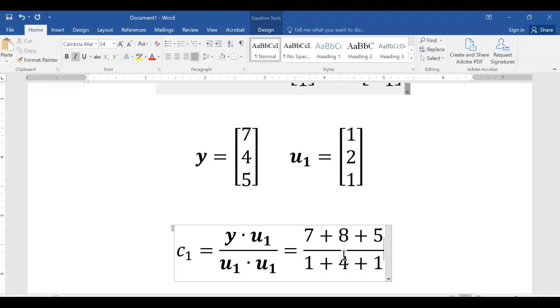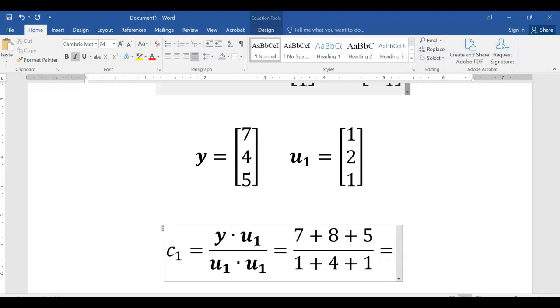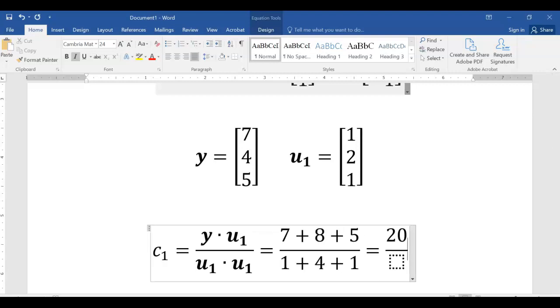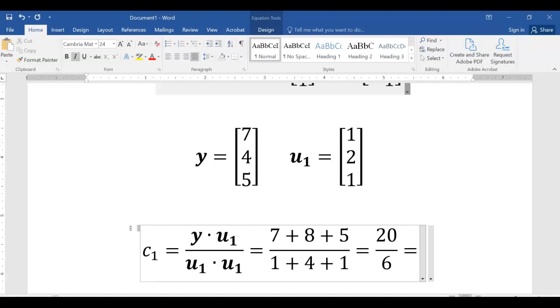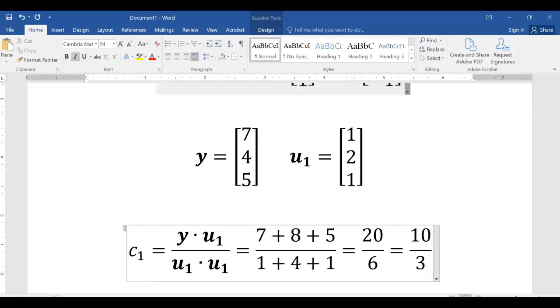I say multiply, I really mean inner product with itself. So 7 plus 8 plus 5 gives me a 20, over 1 plus 4 plus 1 is a 6. All right, so what do we get? 10 thirds. 10 thirds is the coefficient of u1.